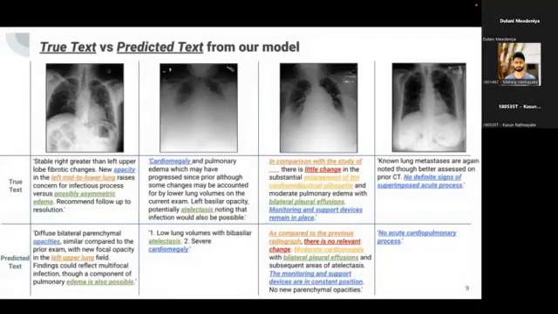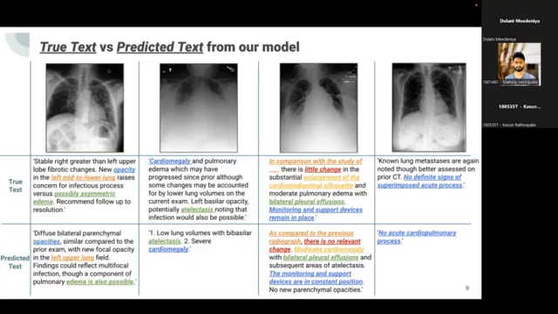So in this slide, we have shown 4 chest X-ray images, and the true text means the report that is there in the dataset, and the predicted text is the text predicted by our model. So from this, we can clearly see that most of the medical terminologies presented in the true text are there in the predicted text.